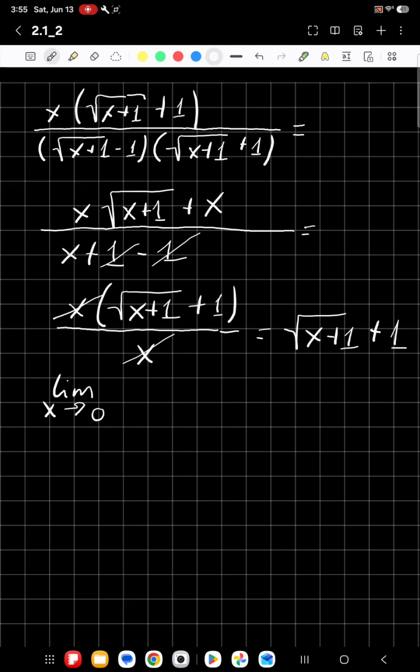So I have the square root of x plus 1 and then plus 1. Now we can plug in that 0. If I plug in 0 for x, I get the square root of 1, which is 1, plus 1, so that's 2. Okay, so we confirmed that 2 is actually the limit of that function when x approaches 0.